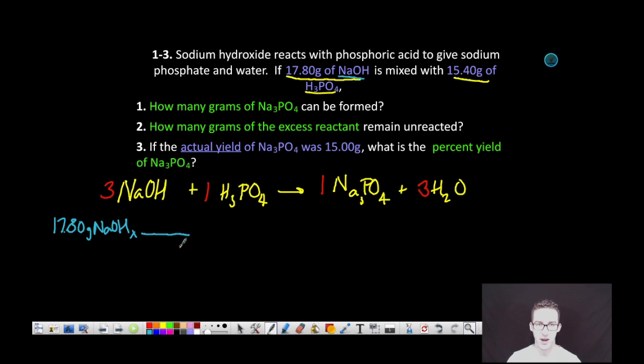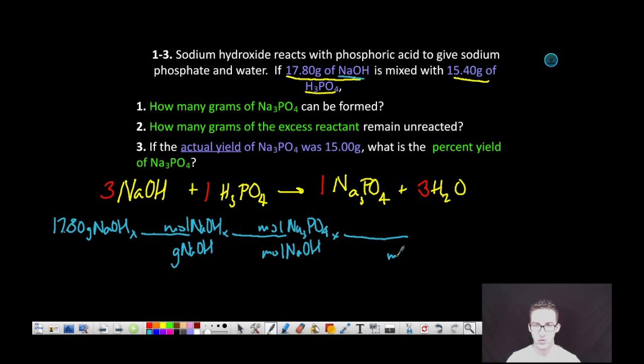So I'm going to go grams of sodium hydroxide to moles of sodium hydroxide. Again, that's my key player there, the mole. Once I get to moles of sodium hydroxide, I can compare it to moles of my sodium phosphate. And then I can go from moles of sodium phosphate to grams of sodium phosphate.